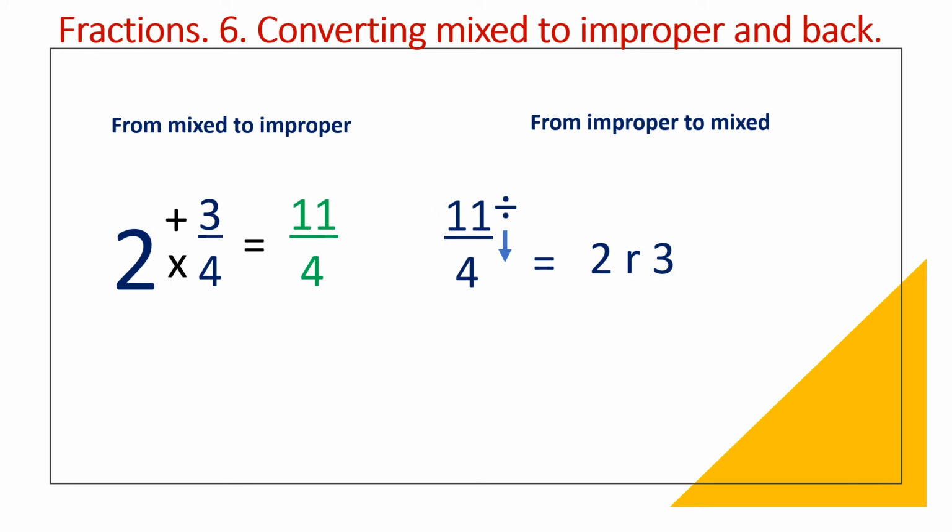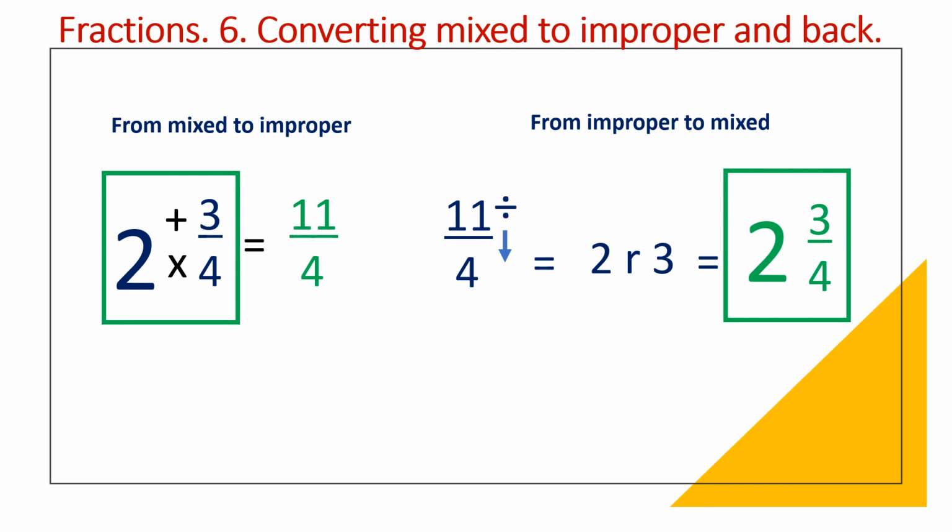So 2 remainder 3. Then you just simply put the whole number in, which is the 2, and because we're working in that denomination of 4, you put this 3 over 4. So the answer is 2 3/4. And you can see now that by working in reverse, you're coming back to the same answer again. And that's how you go from an improper to a mixed, and a mixed to an improper.